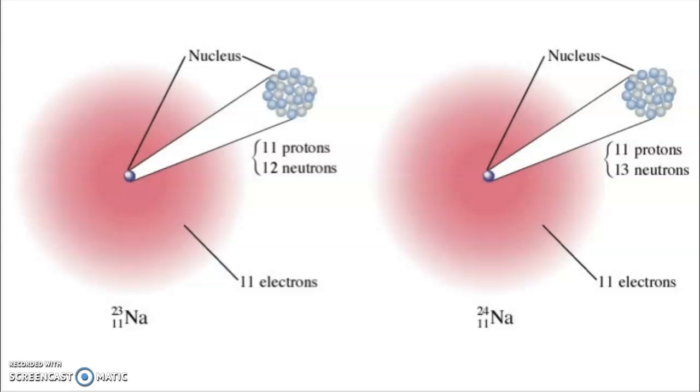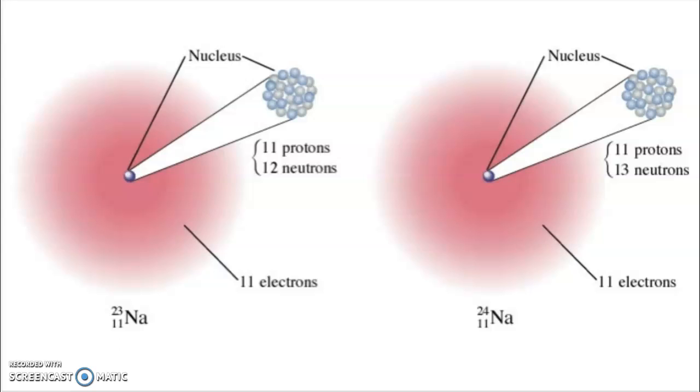However, in my atom on the left, I have 12 neutrons, so my mass number is 23. On my right side, though, I have 13 neutrons. It's still sodium because my number of protons didn't change, but my mass number is now 24.